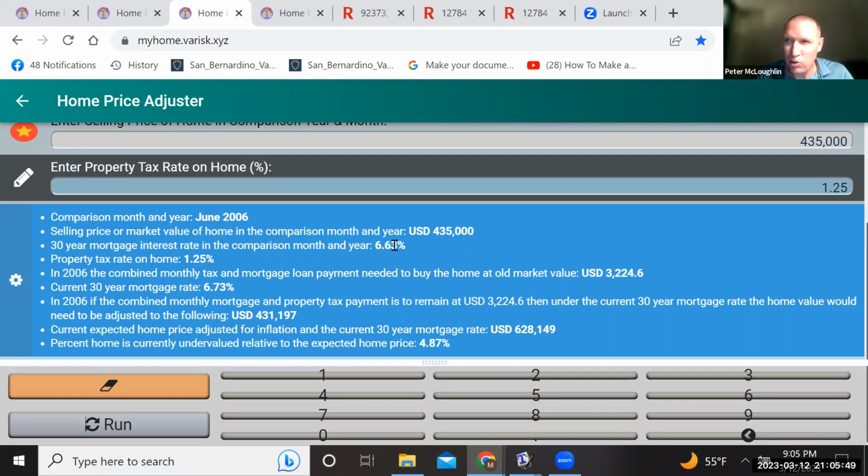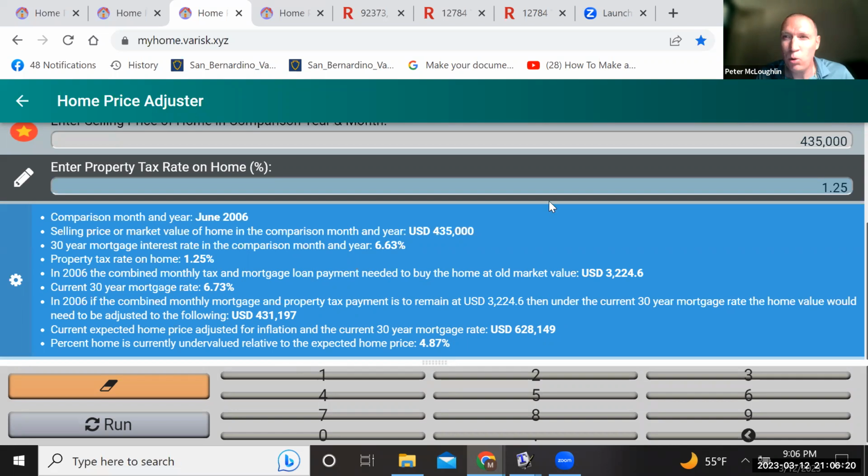So it's pretty much the same as it is right now, because currently it's 6.73. And you can see the expected home price adjusted for inflation and the current 30-year mortgage rate is 628. So relative to that comparison year and month, it's actually undervalued by 4.87%. But again, this was the height of the last housing bubble.